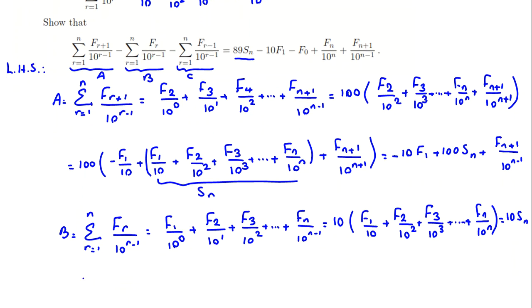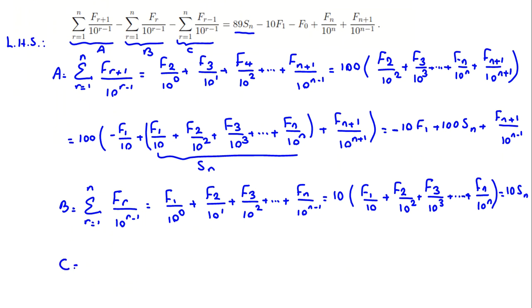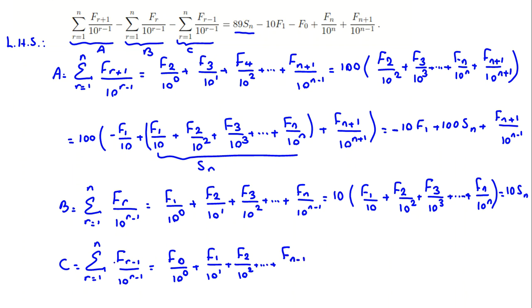Last part, C. For calculating C, it will be what? Sigma r equal to 1 to n of f(r minus 1) over 10 to the r minus 1. So if I replace r with 1, it's f0 over 10 to the 0, f1 over 10 to the 1 plus f2 over 10 squared, and up to the last one, replacing r with n, f(n minus 1) over 10 to the n minus 1.